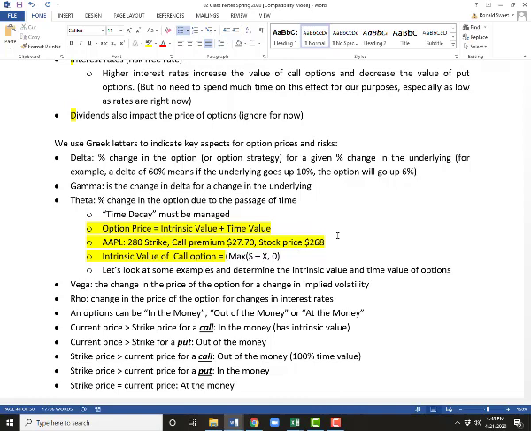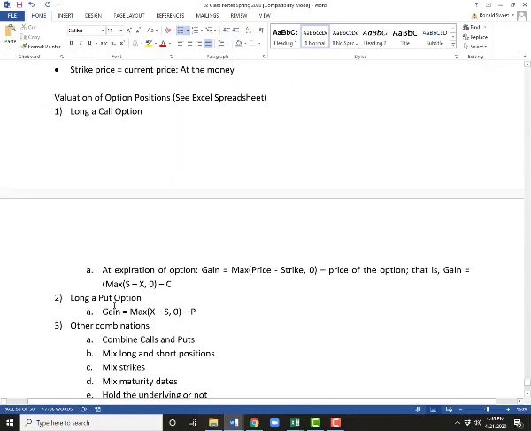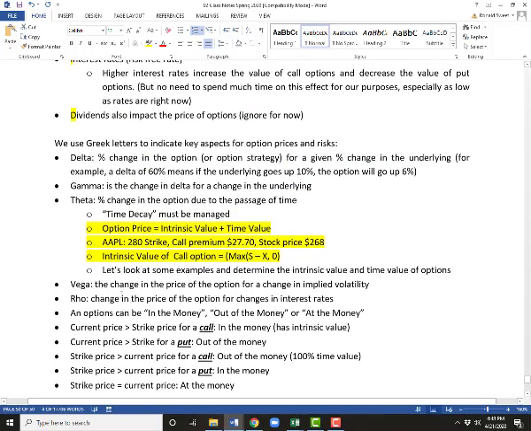So this first part of this equation is the intrinsic value. What we're going to be doing later when we do this analysis is take the intrinsic value of a call, which is the first part of this formula, minus what we pay for the call, and that's going to tell us our gain or loss on the call. So the intrinsic value of the call is the max of S minus X, comma 0.